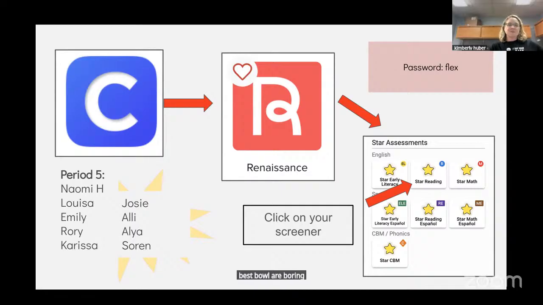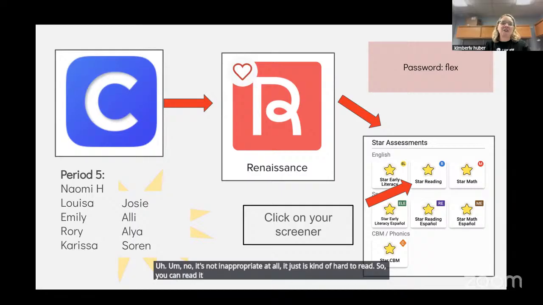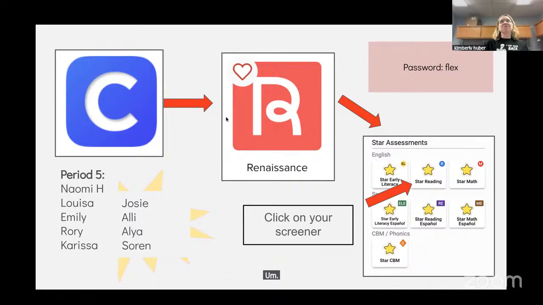So, there we go. No, it's not inappropriate at all. It's just kind of hard to read. So you can read it. I'm just saying it's kind of hard to read. So I would wait until you've had more reading practice is what I would say. But yeah, feel free to read it.